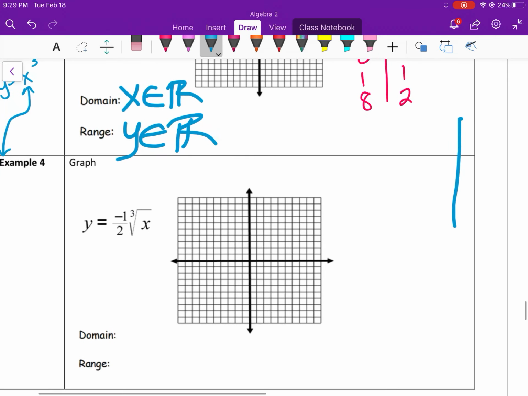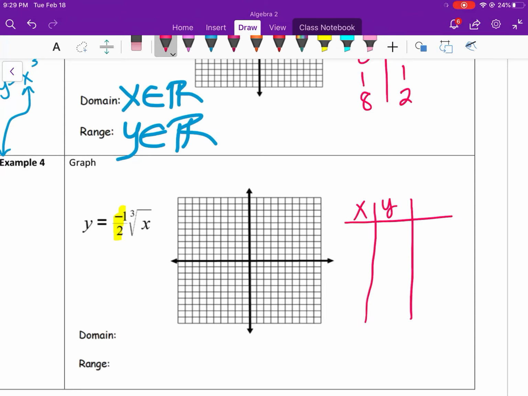All right, the next one. Notice you have the -1/2 out front. So I'm going to do this with an XY table, but this time I'm going to include a third column because -1/2 is your a. So for the cubed root, I pick perfect cubes: -8, -1, 0, 1, 8.